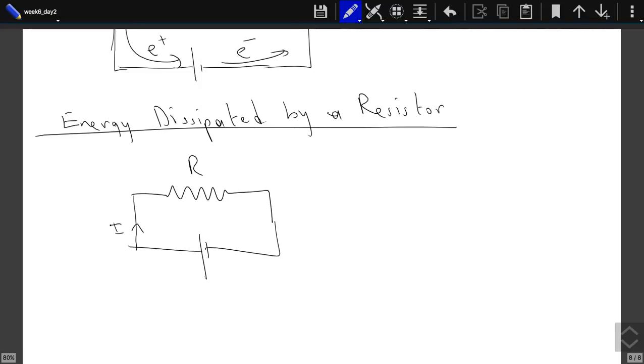Well, if the electric field is pushing the electrons, it means it's doing work on the electrons. If it's doing work on the electrons, the energy of the electrons should increase. But if the energy of the electrons does not increase, what happens to energy conservation? Did you understand the question? We have the electric field. Here we have the resistor. Inside there is an electric field.